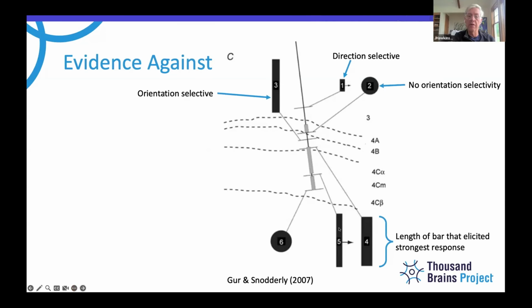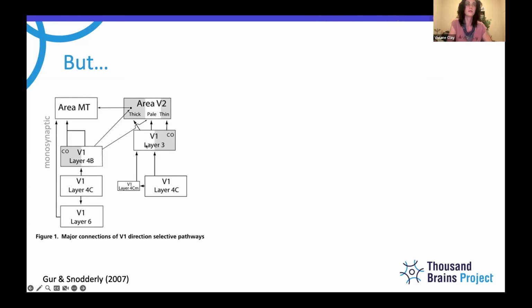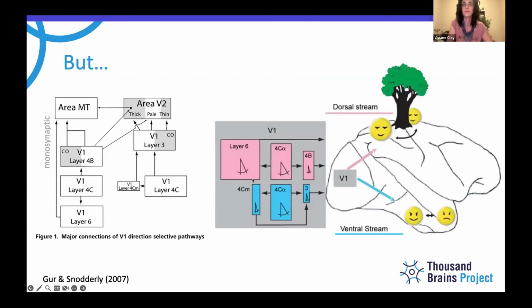They come from layer 4B and layer 6, but they don't come from layer 2-3, which is where usually the classical feed-forward projections come from. And the layer 3 outputs from V1 go to V2. Maybe I'll skip this beautiful picture for now. We can get back to that.